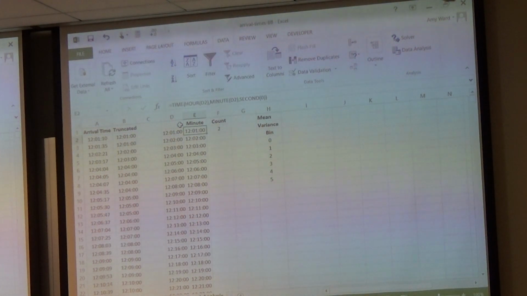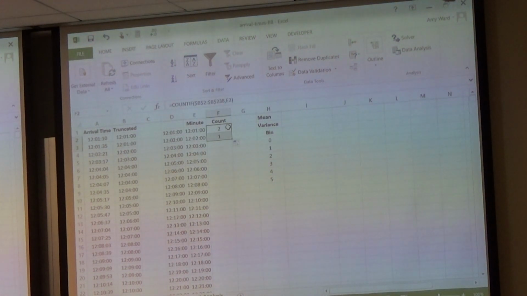Here, you notice I've truncated it. So E2 is basically counting the number of people that come in between 12:01 and 12:02, which is 2, you can see. And then if I copy down and look at cell F3, it's 1, so 1 is the number of people coming in between 12:02 and 12:03.